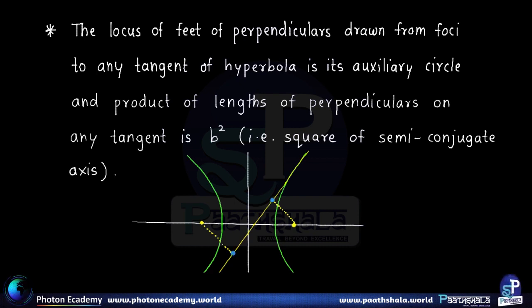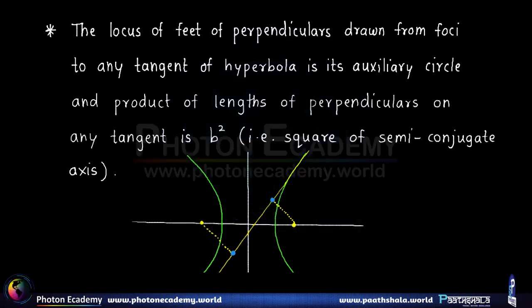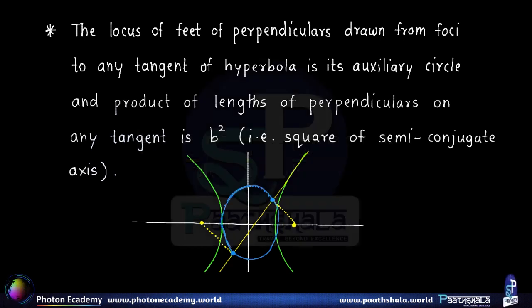Now we can do this for all the possible tangents to the hyperbola. We will observe that all these feet of perpendiculars form nothing but the auxiliary circle. Therefore the locus of all these feet is the auxiliary circle of the hyperbola. Here it's not to scale, but it is the auxiliary circle.